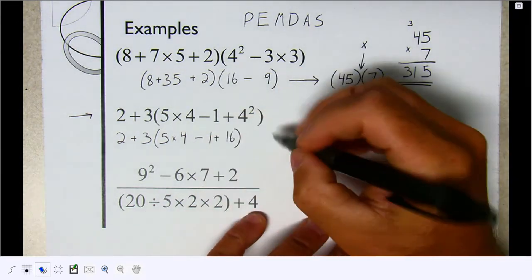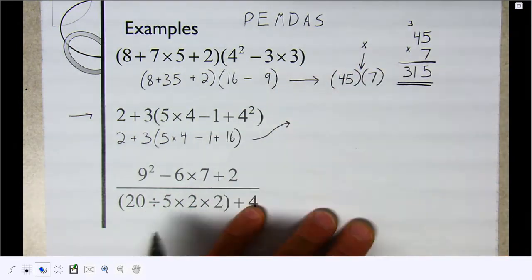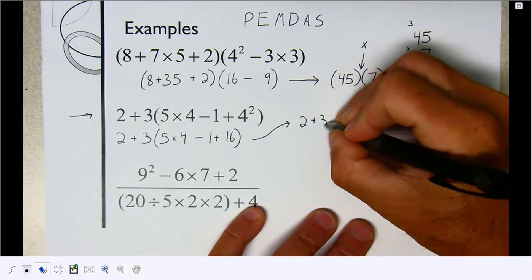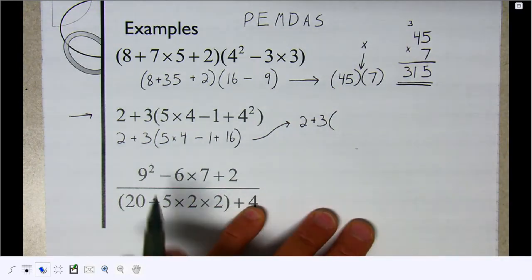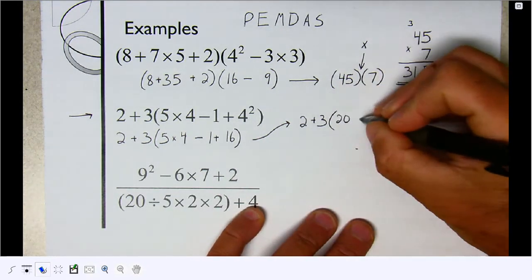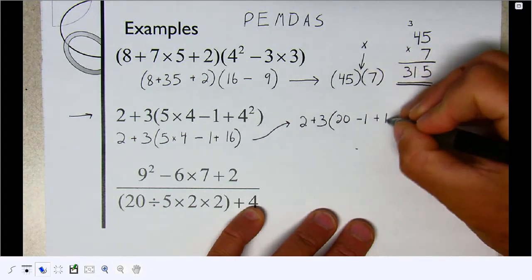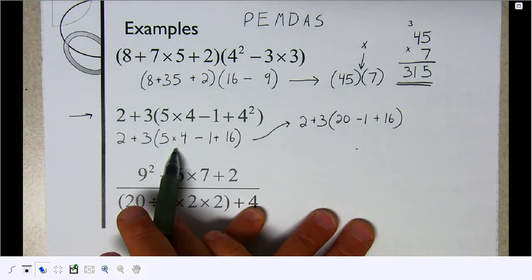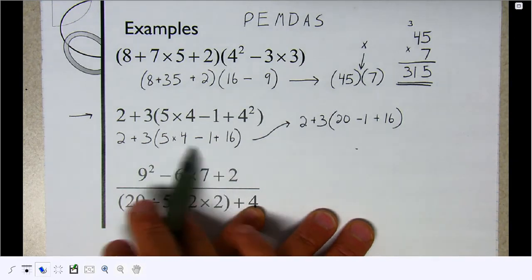Okay, now let's keep working in parentheses. By doing that multiplication, this now becomes 2 plus 3. Again, we can't call that 5 yet. 5 times 4 is 20, minus 1 plus 16. Now that we've done the multiplication inside the parentheses, there is no division. We can add and subtract these.